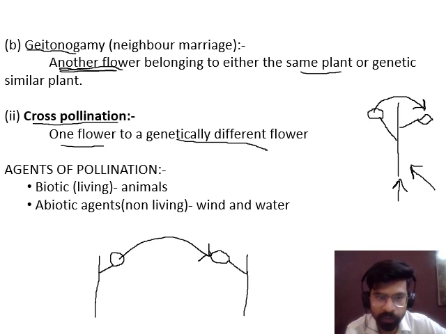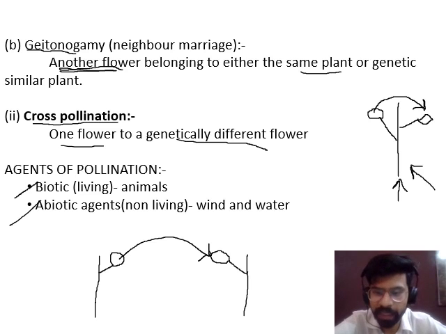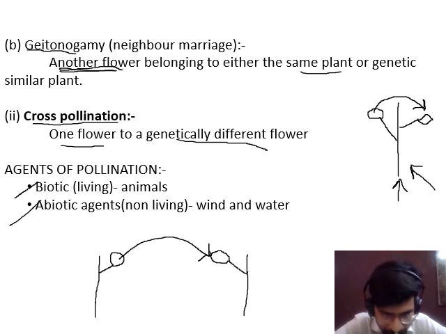There are two types of agents that help in the transfer of pollen grain: the biotic agent and the abiotic agent. Biotic agents are living in nature and abiotic agents are non-living in nature.